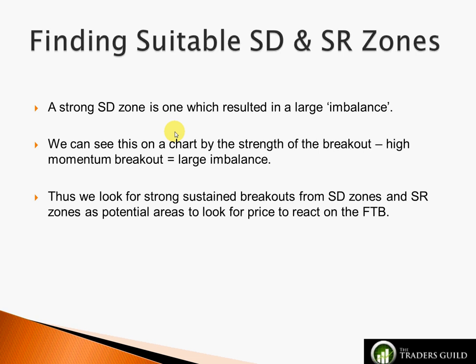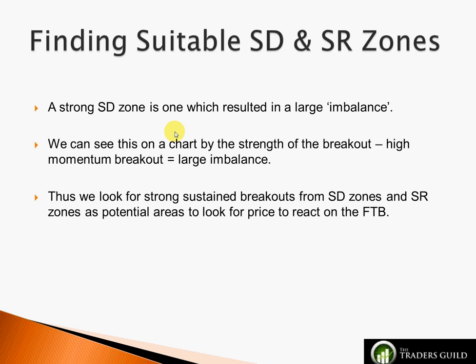again, just going over some past concepts, we know that a strong supply demand zone is one which resulted in a large imbalance, and we can see that imbalance on a price chart by measuring the strength of the breakout. A high momentum breakout equals a strong supply demand imbalance. So when we're looking at the first time back to supply demand zones and SR zones, we want to look at the ones where the initial breakout was very strong, because that tells us there was a strong supply demand imbalance out of that zone.